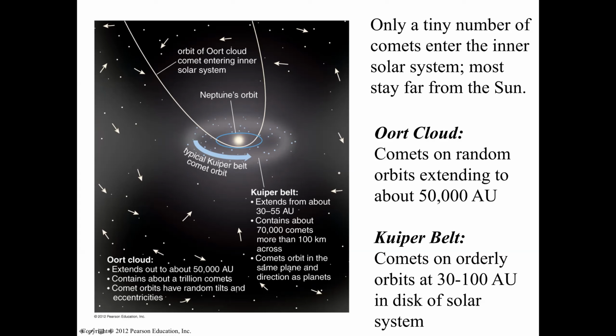But then we have this spherical distribution of icy materials going from thousands of AU away from the sun and possibly all the way to the next solar system. So comets coming from the Oort cloud come from all directions. They don't necessarily lie in the plane of the solar system. But comets from the Kuiper Belt always lie in the plane of the solar system.